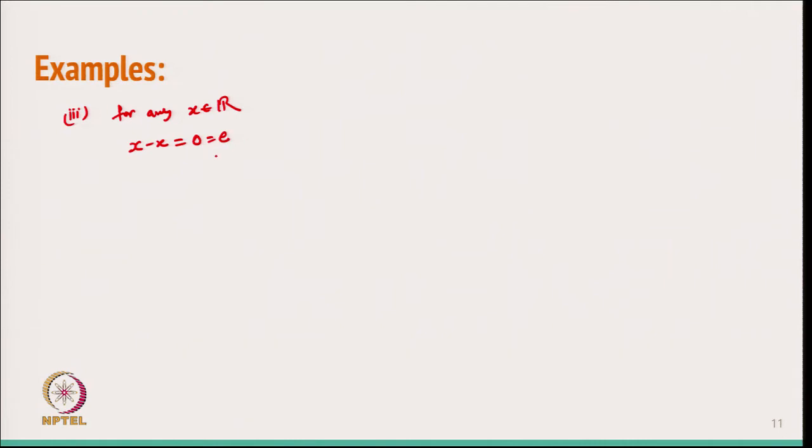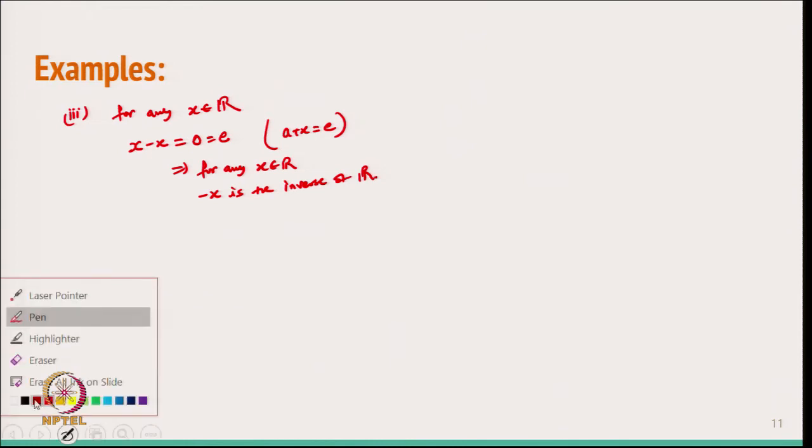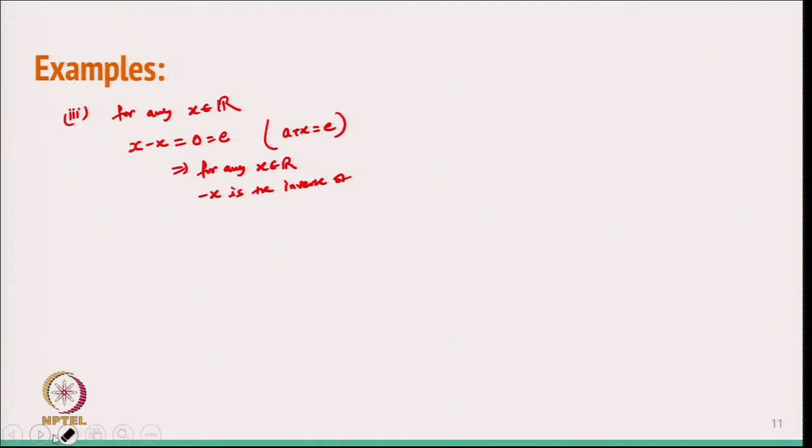So, from here I can say that, because I need a plus x should be equal to E. So, in this case I can say that for any x belongs to the real numbers, minus x is the inverse of x, the inverse of x in R. So, it is the inverse.